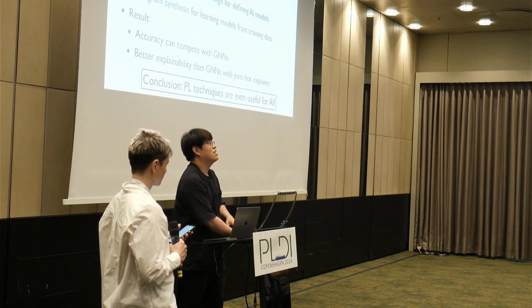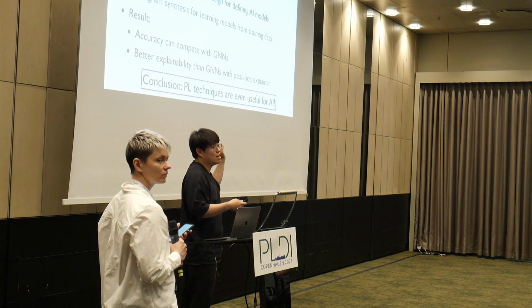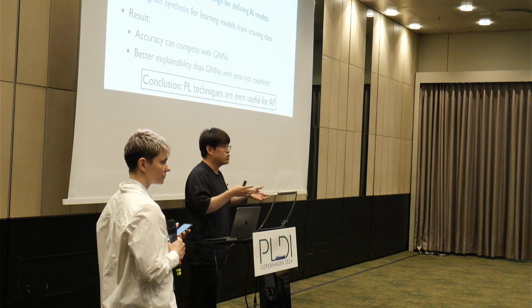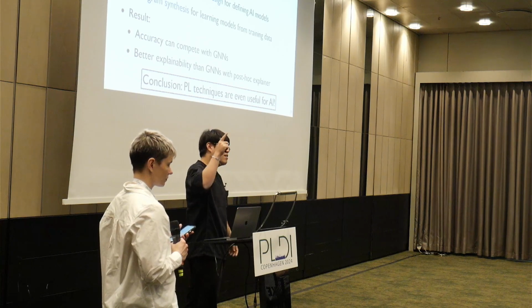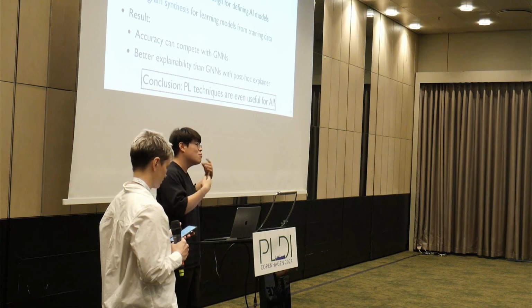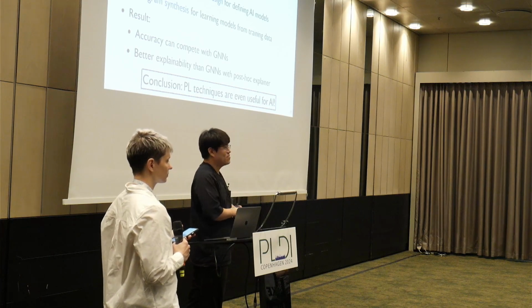I think our method works well in graph structured data because graph structured data is well structured compared to vision data. I think our method is appropriate if the data is well structured. Great, thank you.